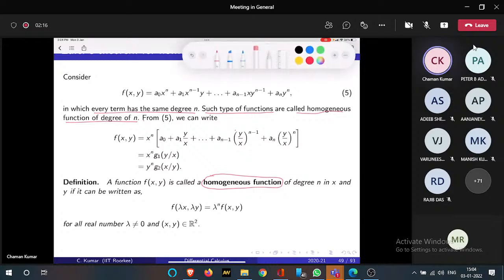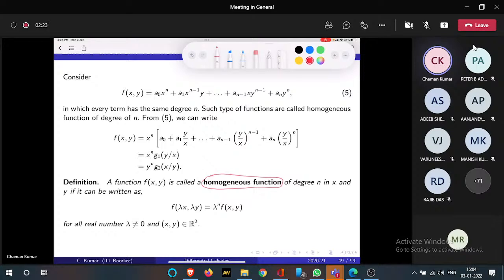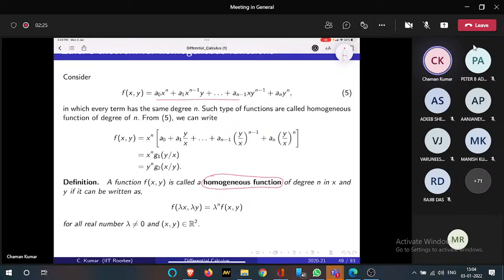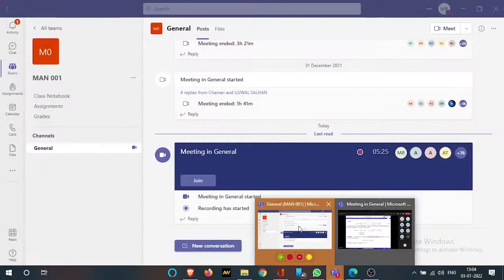Okay. Now from this, what we can do is, from this expression on the right hand side, let us say we take x raised to n common.